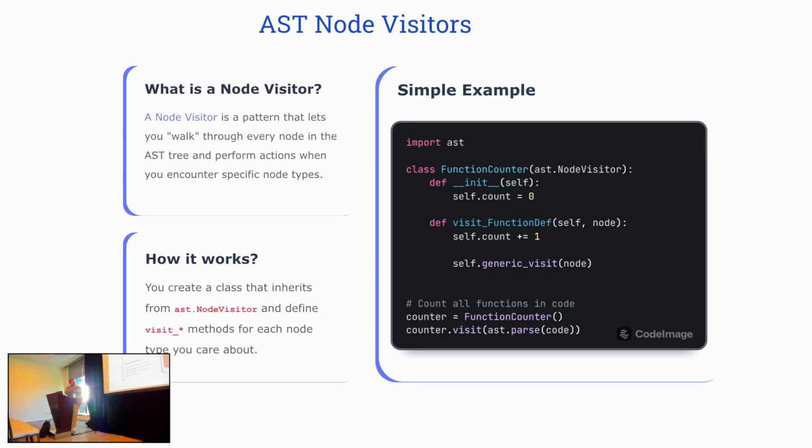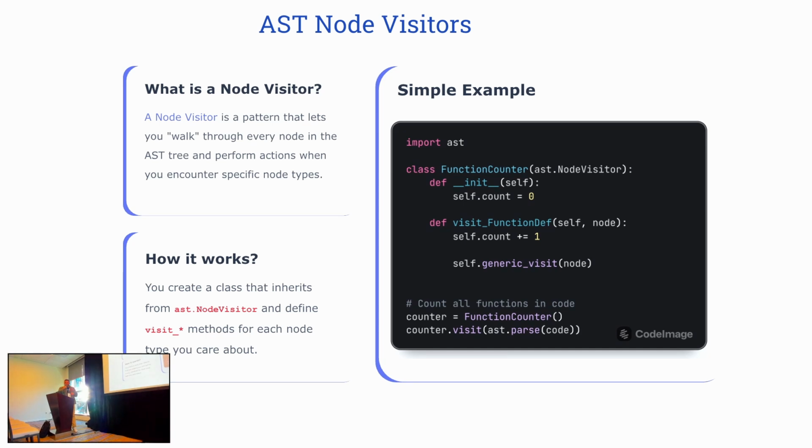We create a class called function counter. We inherit from node visitor, and just from inheritance, we turn our class into a visitor, so it already knows how to traverse this AST tree. We set a counter to count the number of function definitions we encounter. And finally, and most importantly, we override the visit function def method.